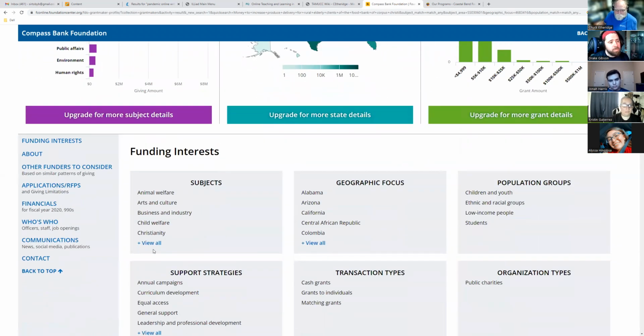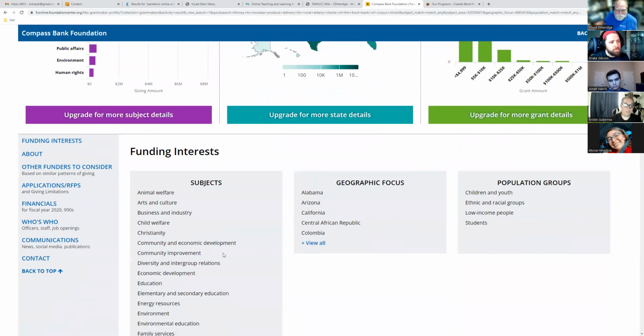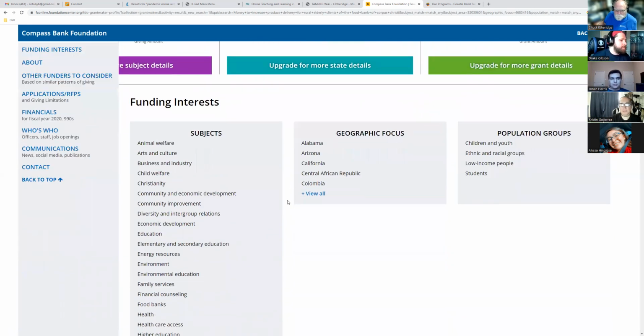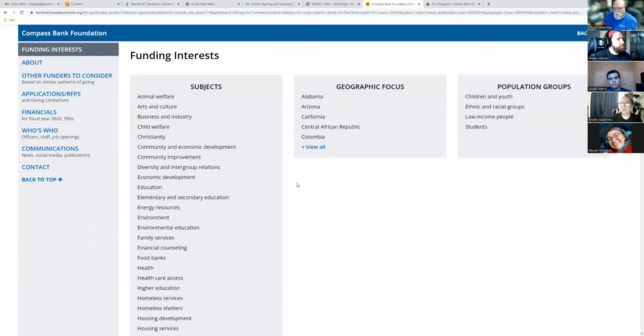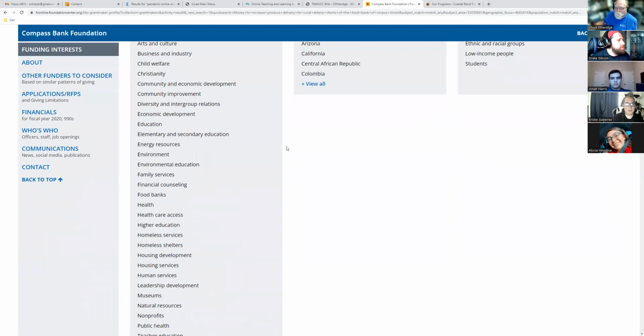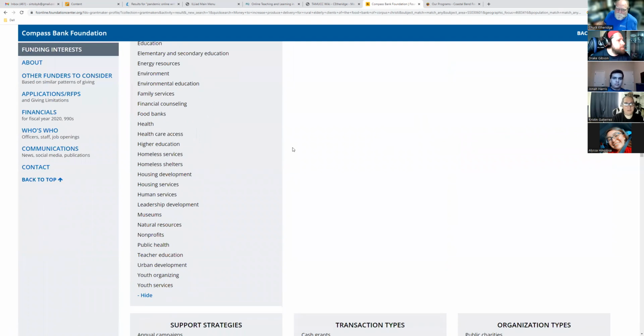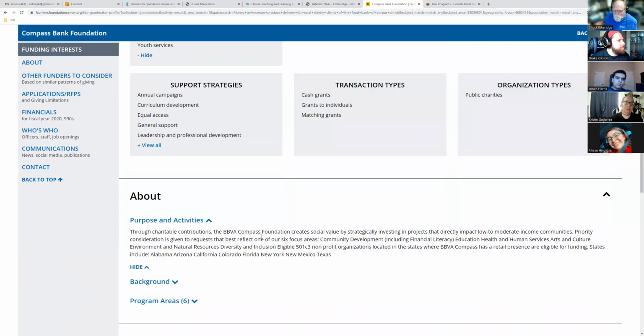Okay. Is there a Compass Bank in Corpus Christi? I'm not sure. Maybe we've got to find that out before we go further, because I'm sure one of their requirements is that we have to have a bank in your city.